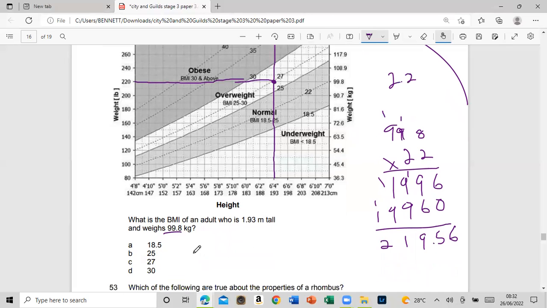As you pass 25, I was thinking 26. I would say 26, but they are saying 27. So that would be C. But guys, I honestly did not see the kilogram over here.